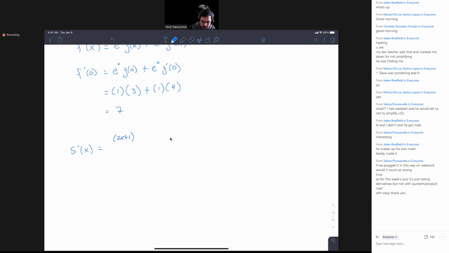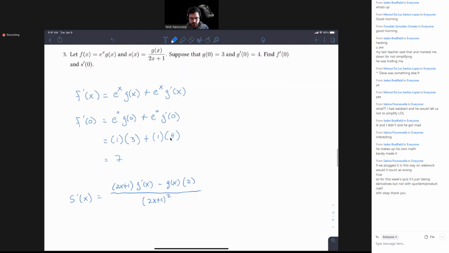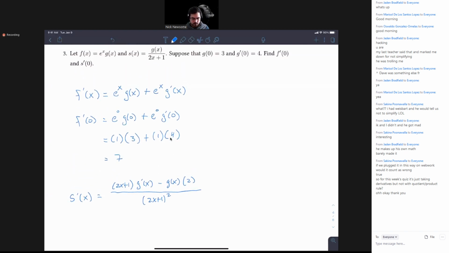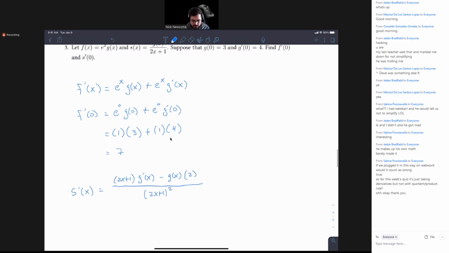The denominator, 2x plus 1, multiplied by the derivative of the numerator g prime, minus the numerator g of x, multiplied by the derivative of the denominator, which is just the number 2. Derivative of 2x plus 1 is just 2. All over the denominator 2x plus 1 squared. And then same thing. If I want to know what s prime of 0 is, I just plug in 0 everywhere.